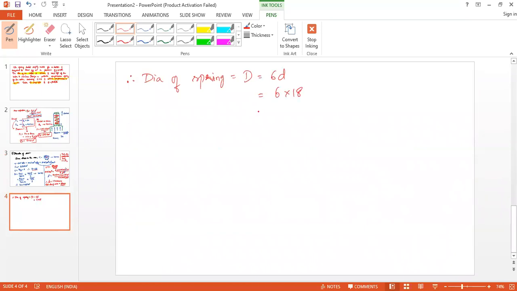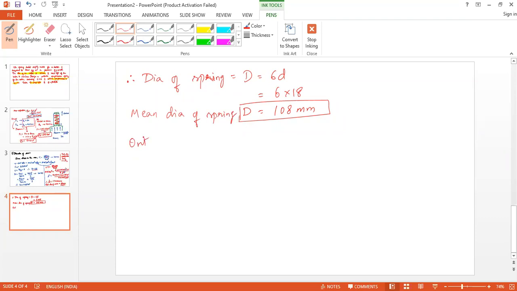So 6 into 18, that is 108 mm. So this is the mean coil diameter, the mean diameter of spring.